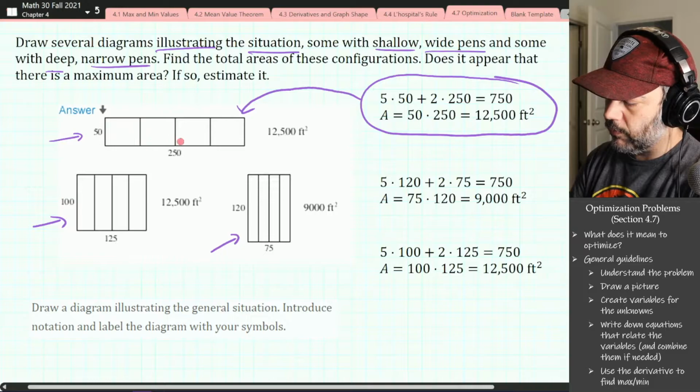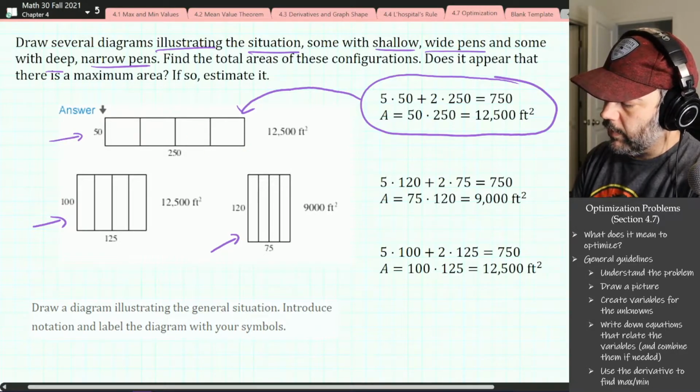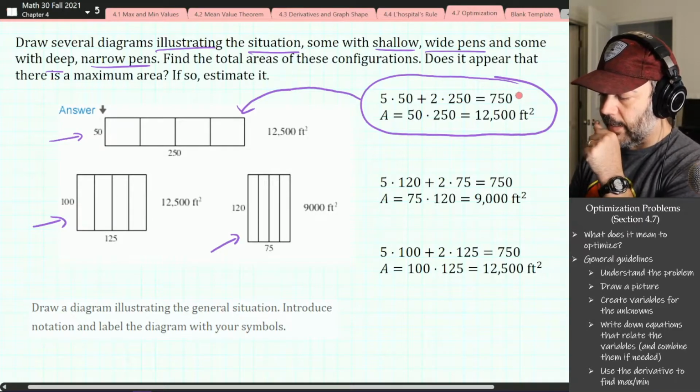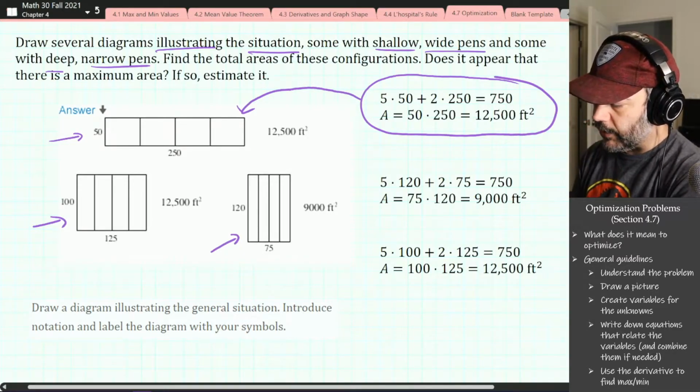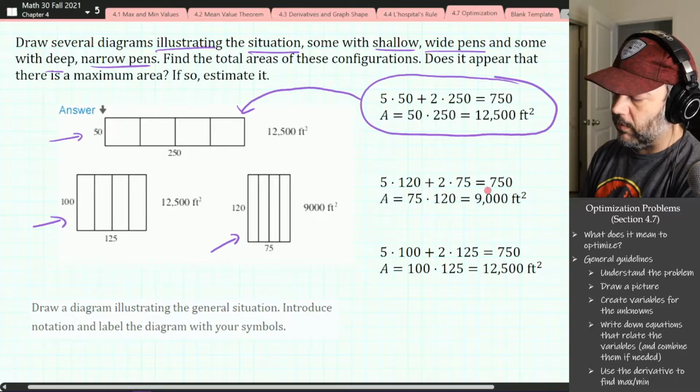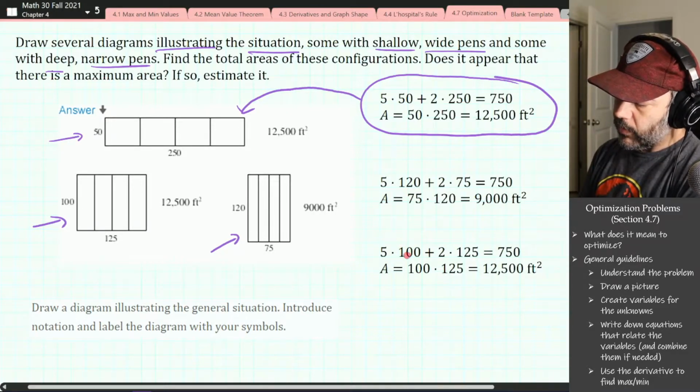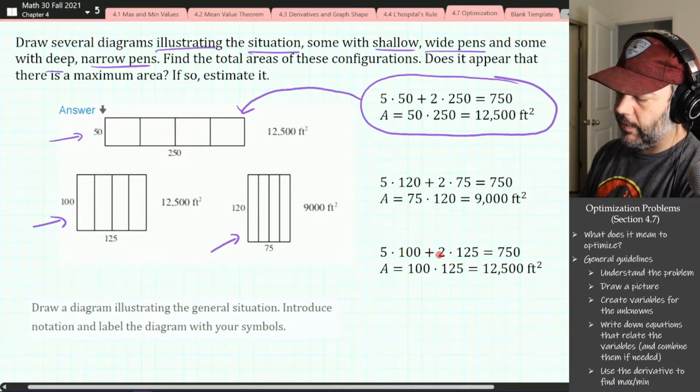That's 1, 2, 3, 4, 5. And then there's 2 of length 250. And you notice they add to 750. And you'll notice that it's the same for all of these. They all add to 750. But the inner parts and the long side are different in each case. But you notice that having these different lengths changes the area.